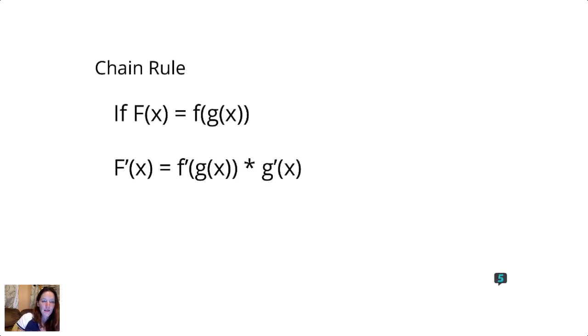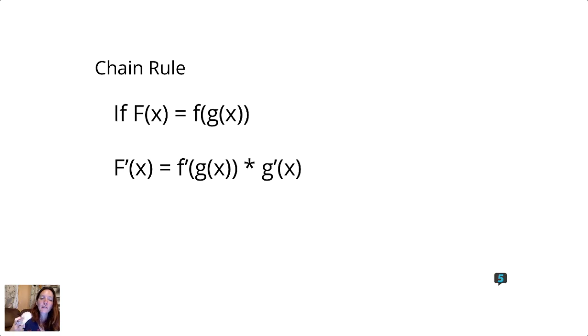So I want to formalize that a little bit because I said that fast. Let's say we have a function, we'll call it big F of x, and it's equal to f of another function, right? There's an inside function g of x, and there's an outside function f.